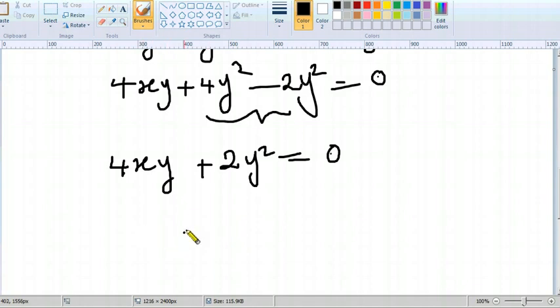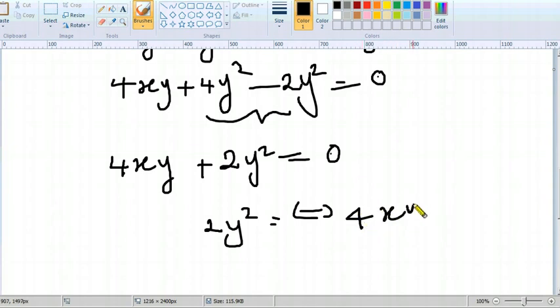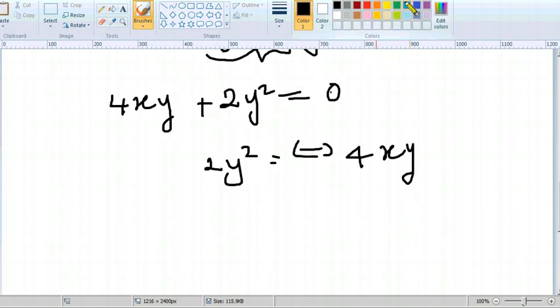Then 2y squared equals minus 4xy. So one y cancels. Then 2 times y equals minus 4x.